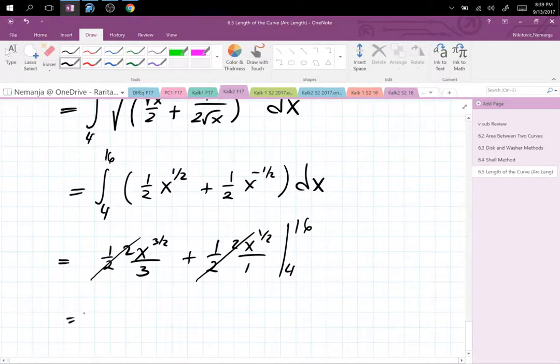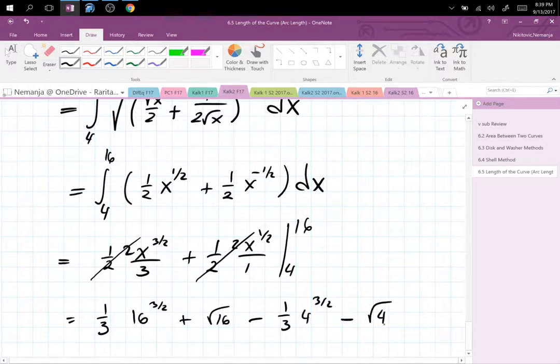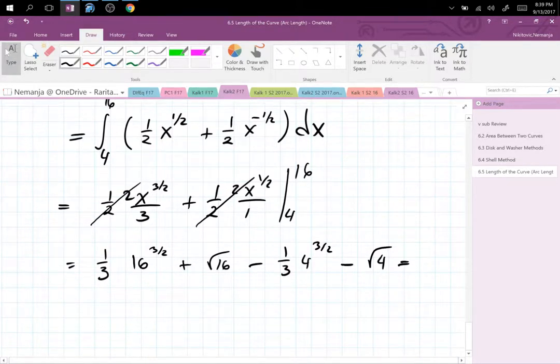And what do you have? You have 1/3, 16 to the 3/2 plus square root of 16 minus 1/3, 4 to the 3/2 minus square root of 4. Right, when you do the f of b minus f of a.